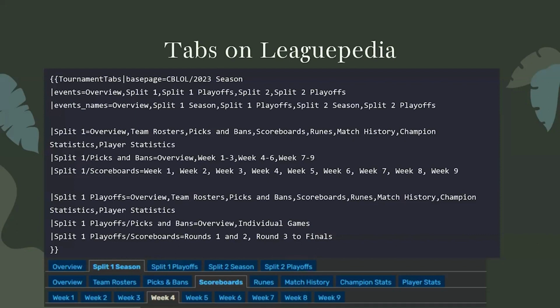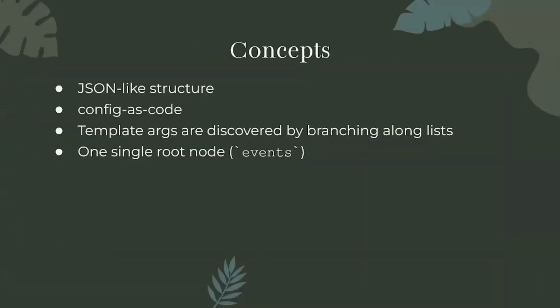So if you imagine that that slash is a dot instead, this looks somewhat like structured data that we could be getting from a JSON that represents these tabs. But it's done entirely in a wiki text template, and we want to define something like this for our infoboxes.